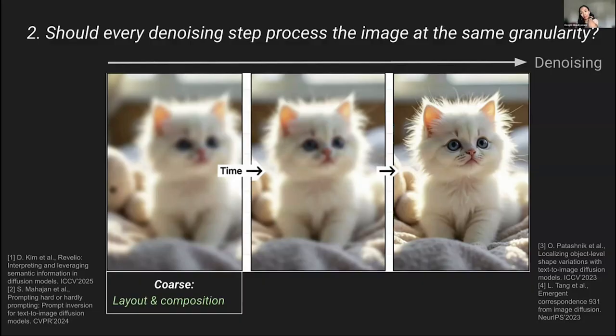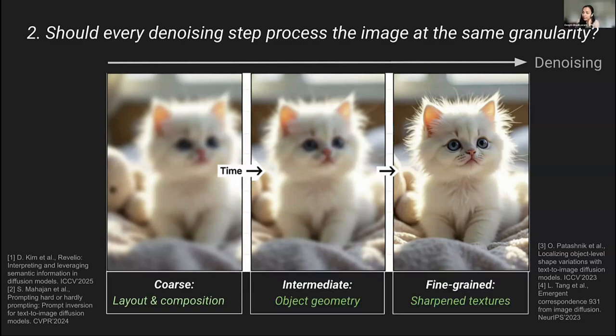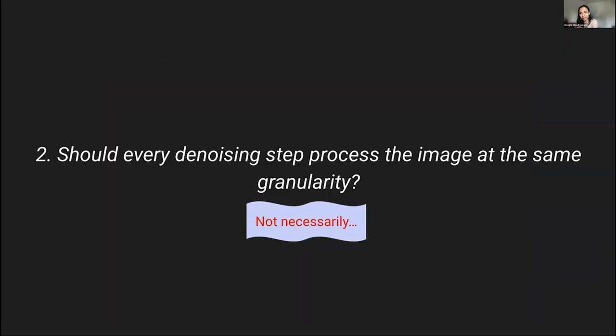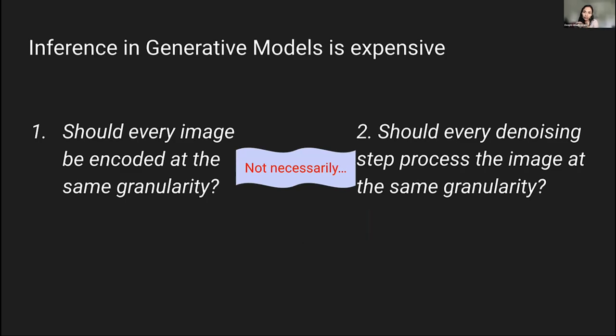So to be more precise, earlier time steps focus on coarse layout and scene composition, while later time steps focus more on sharpening the texture. So, given this, let's revisit our question number two, which is, should every denoising step process the image at the same level of granularity? And the answer to that also seems not necessarily. So, two questions, and the answer seems not necessarily.